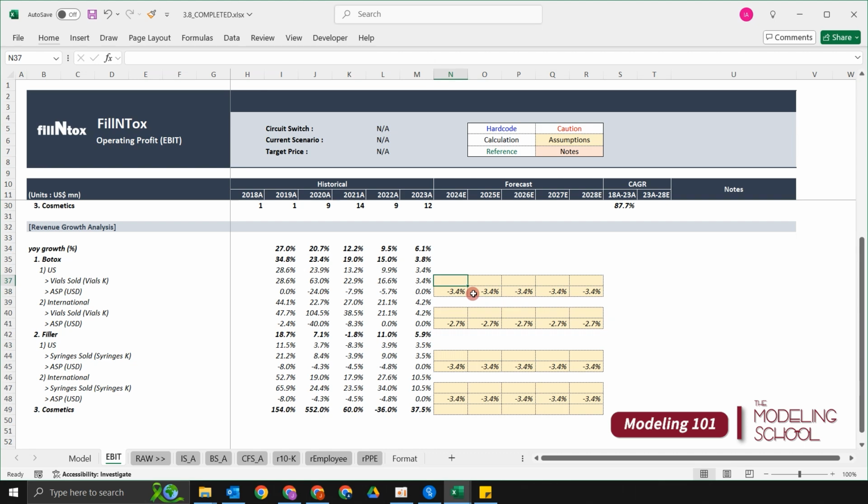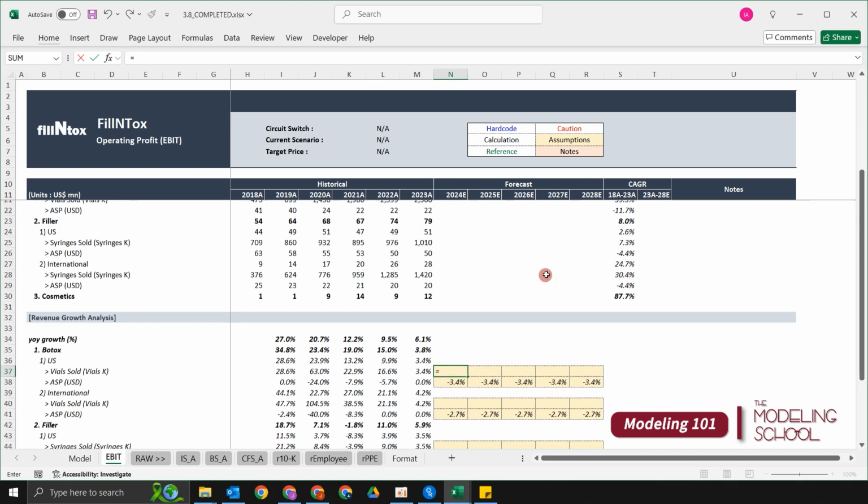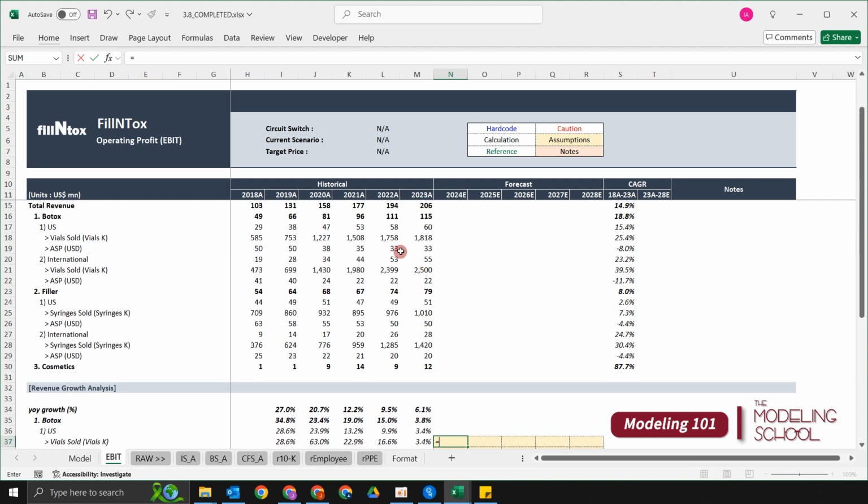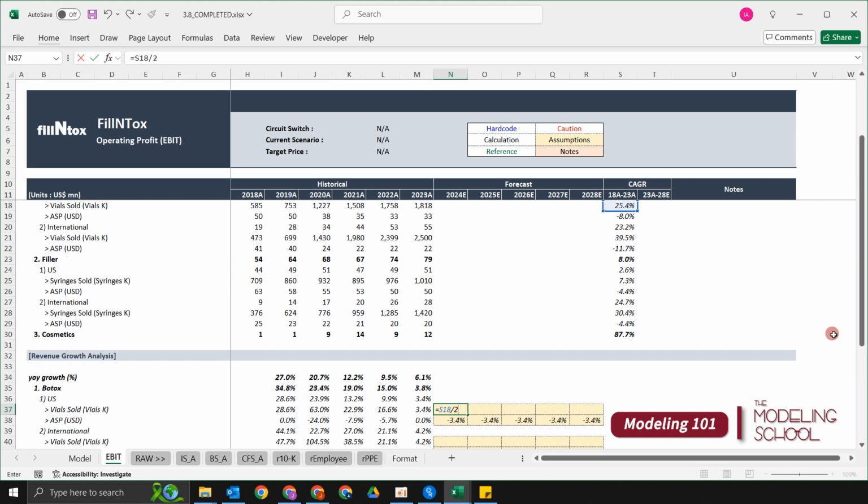So CAGR is 25.4%. It's a very huge CAGR, but half of it, because we are expecting it to slow down over time. And in this case, we do want to anchor the CAGR cells. So F4 just once, and divided by 2, we still have 12.7% growth rates on quantity.